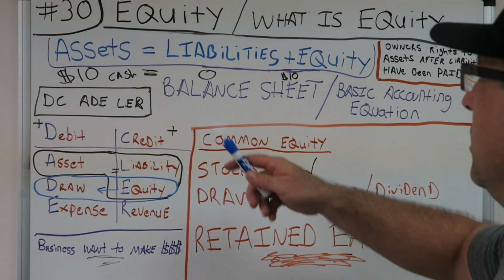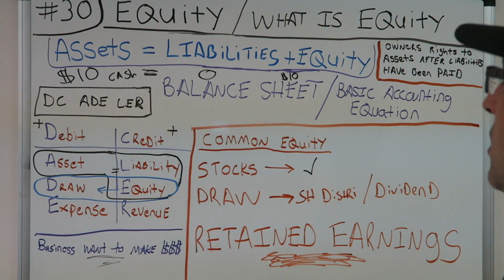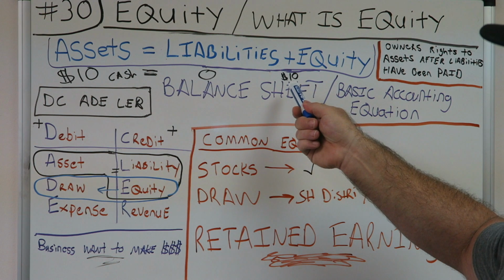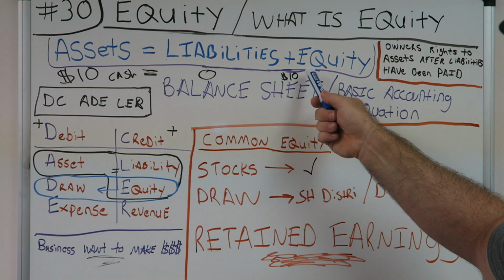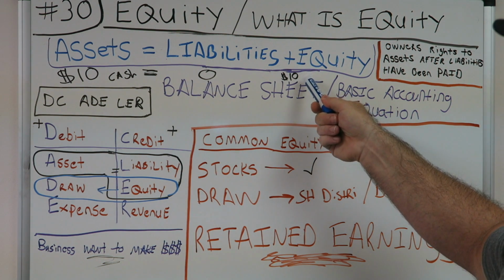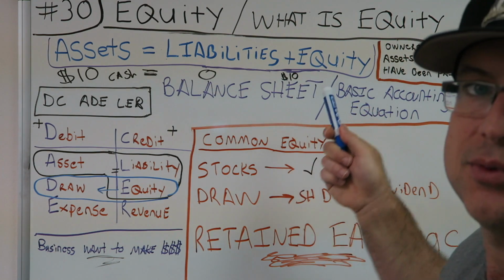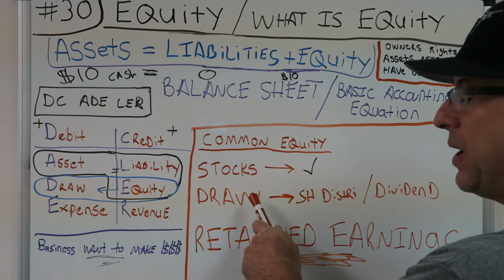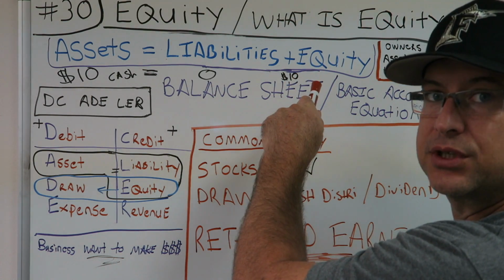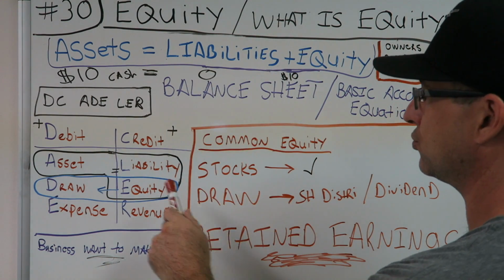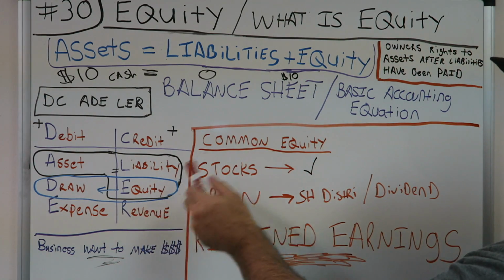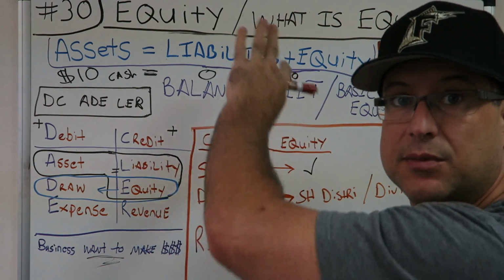That's how you get, say, if you have $10 cash, and this is your owner's equity, and you want to get it out of the business, you would pay the owners. That's what you would take a draw for, maybe $10 to clear out the business.